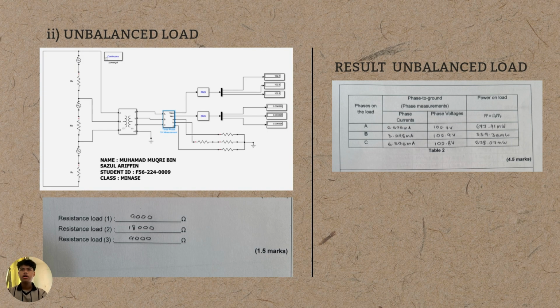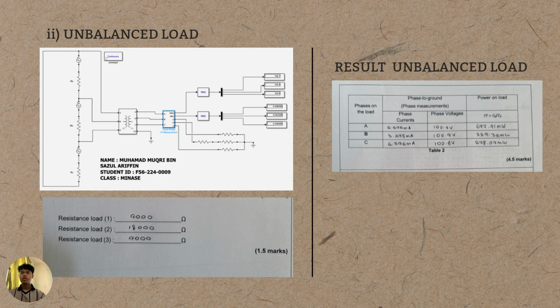For result analysis, as expected, the results show clear indication of voltage and current imbalance. The phase voltages were no longer equal, and there was a slight variation that indicates the stress placed on the transformer due to the unequal loads.